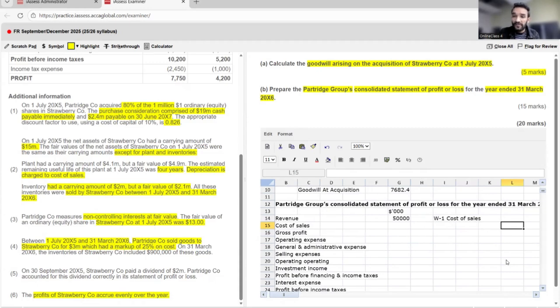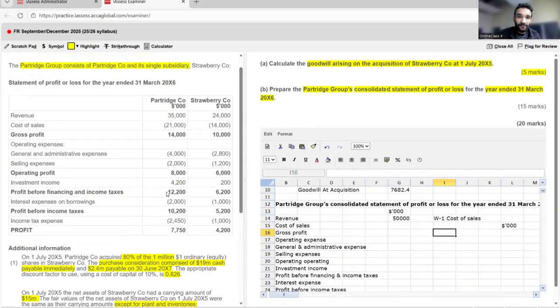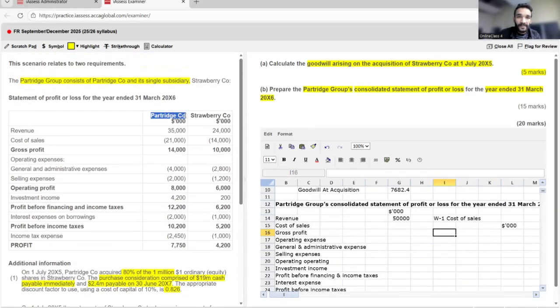Okay, what is the working? Let's just give the heading. What are the cost of sales of the parent and of the Strawberry company? Parent company cost of sales is 21,000, right?